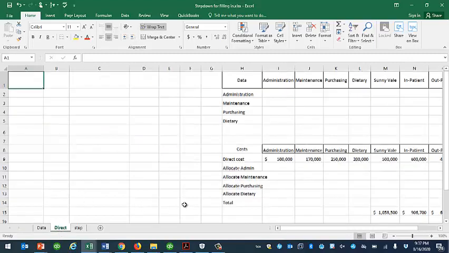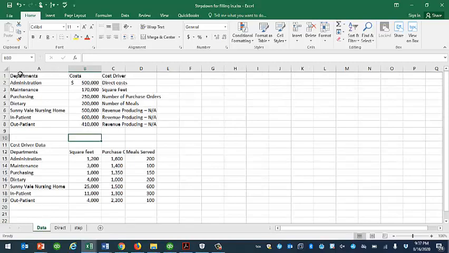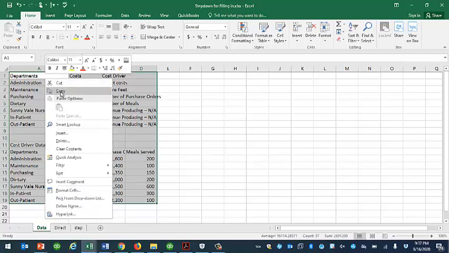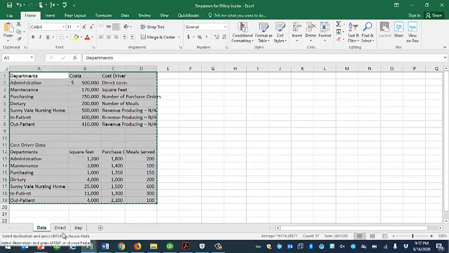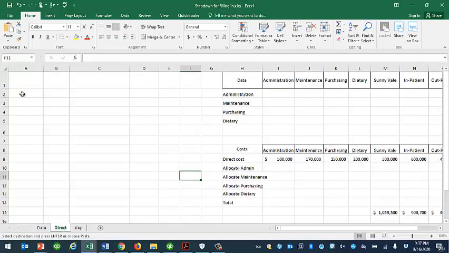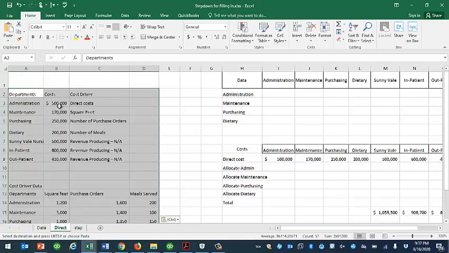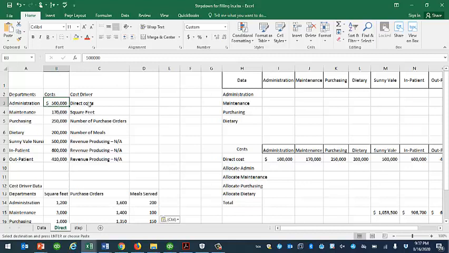Going to the direct tab, there is no data there. What I would do though is you need to copy all this from the data sheet over into the direct method, but the problem with this is that these numbers are still just numbers. These need to be formulas.